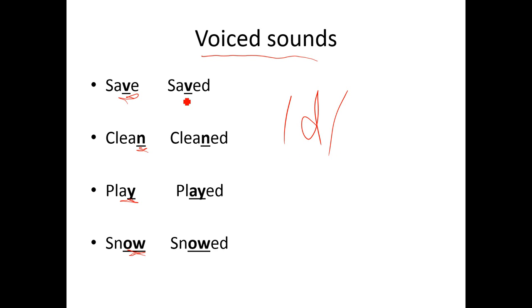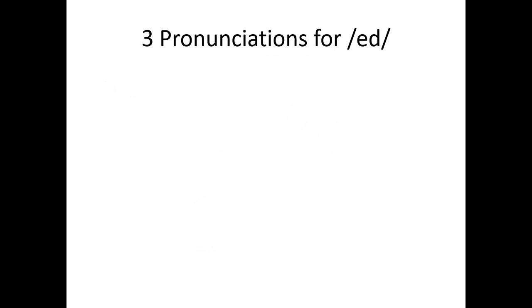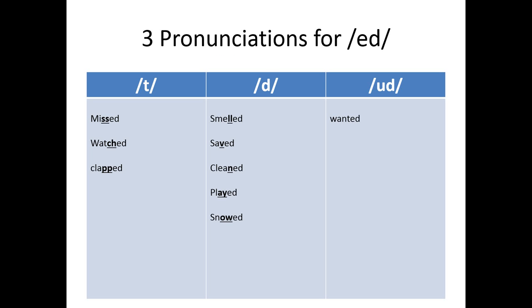So saved, cleaned, played, snowed. So, to go back to our chart, when we have a voiced ending to a verb, the ED sounds like duh: smelled, saved, cleaned, played, snowed.